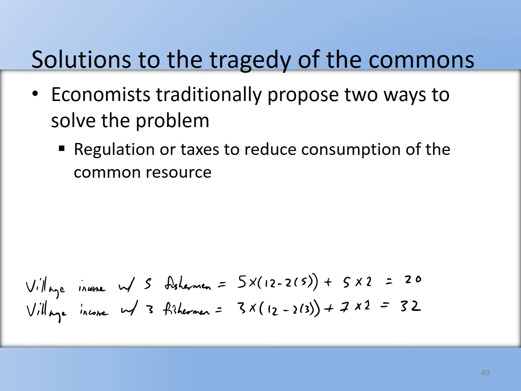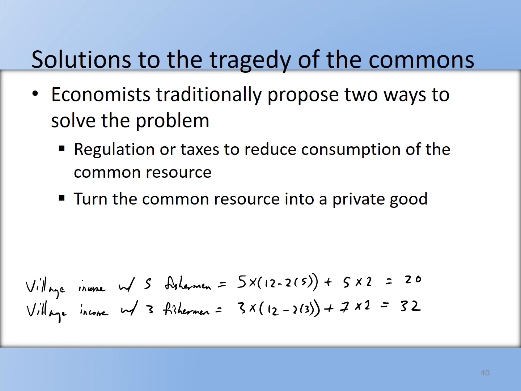So economists traditionally propose 2 ways to solve this problem. One is you should regulate or tax to reduce consumption of the common resource. So tax fishing. Or you can turn the common resource into private good, sell the rights to fishing. So both methods are used in reality. This applies to any types of goods that have this property, any common resource.